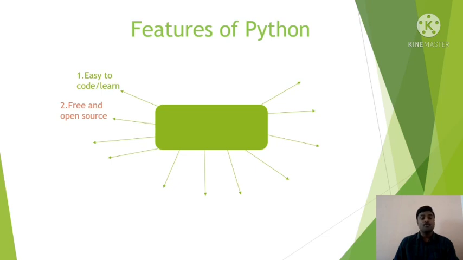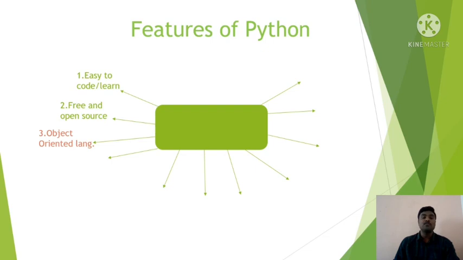And since it is open source, this means that the source code is also available to the public. आप सोर्स कोड जो होता है उसको भी आप इजीली डाउनलोड कर सकते हैं इसी के साइट से, and you can download it as well as use it, and also you can share it with others. So it is a very important feature of Python that makes it very special, that it is free and open source.